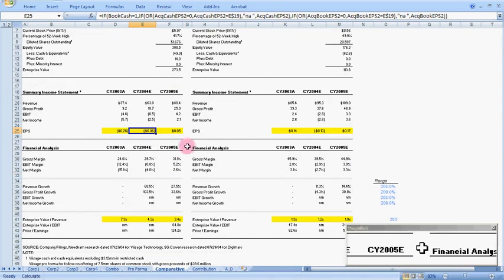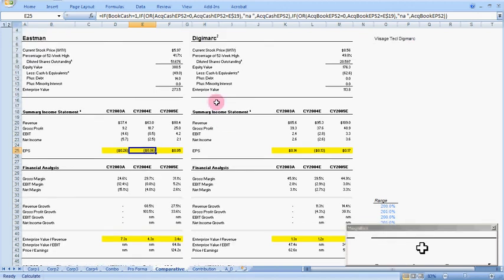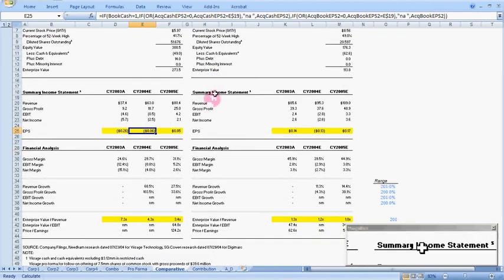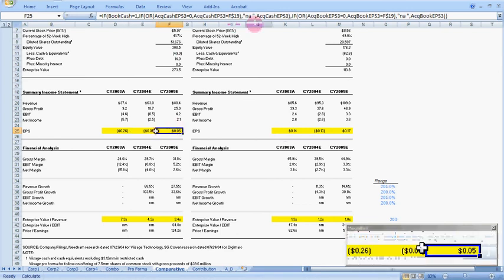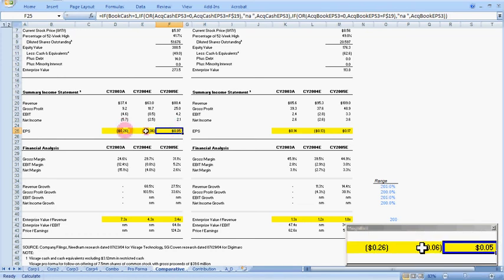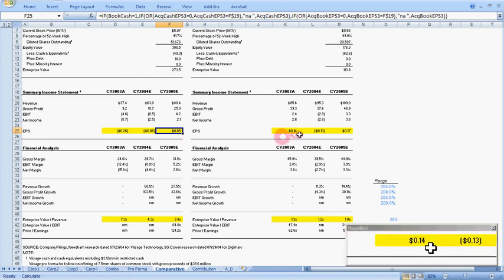Basically, for Digimarc over here, I had to put together an income statement summary that found the EPS, and as you can see, there's also a massive if statement that had to be put together for the EPS. But the point is the EPS for Visage and Digimarc both ended up going down, and on the financial analysis, they also went down a little bit.